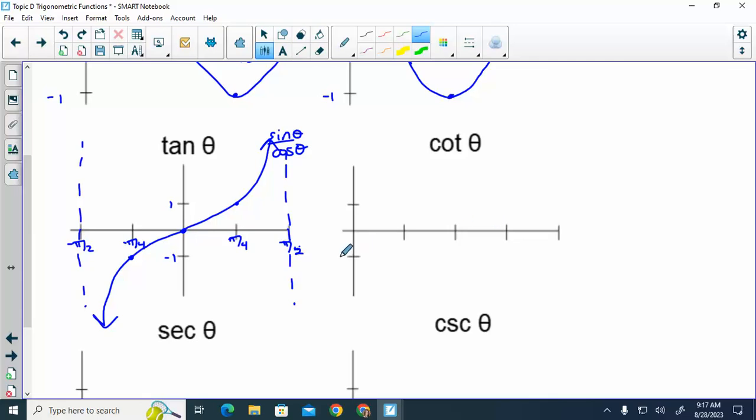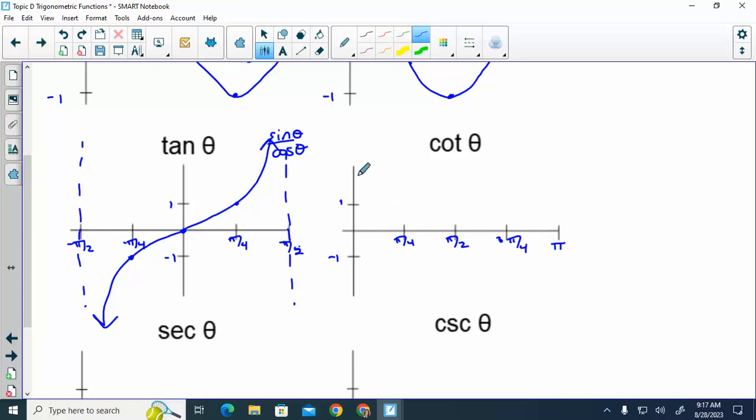Cotangent is similar, so these points are negative 1 and 1, but cotangent we went from 0 to pi. So we did pi over 4, pi over 2, 3 pi over 4, and pi.